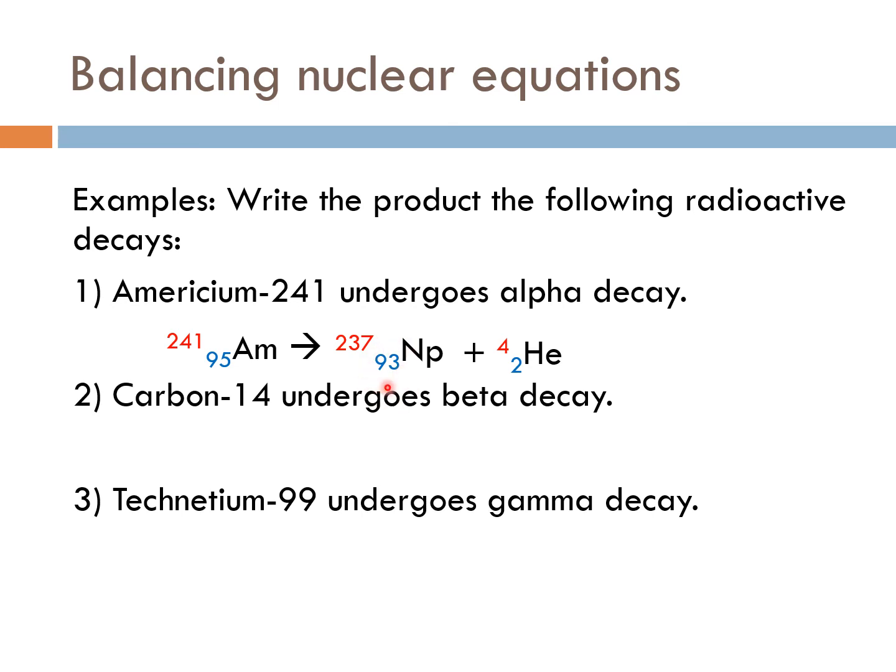Then I go to the periodic table and look which element is 93. That you don't have to do because that would be one of the 4 choices, right? So basically what you have to do is pick among the 4 options the one that, when put in this position, allows you to have that the sum of 4 and 237 is 241, and the sum of 2 and 93 is 95.